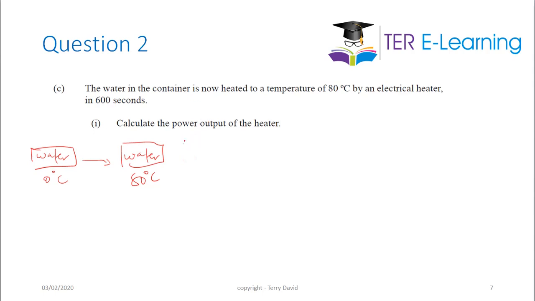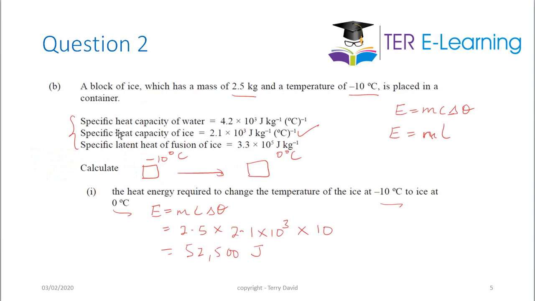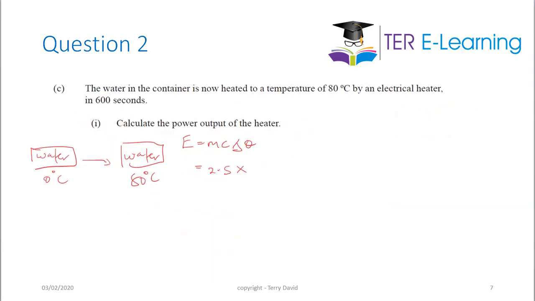In order to find that energy, we have to use E equals mc delta theta. So again, it's 2.5 kilograms of water we're dealing with. We're looking at the specific heat capacity of water, which is 4.2 by 10 cube, multiplied by my change in temperature.